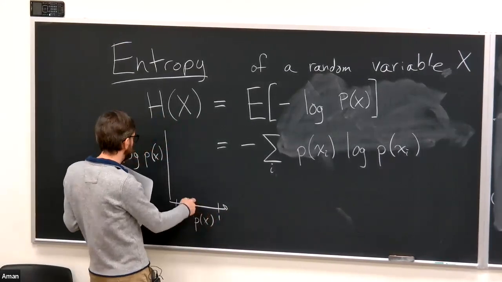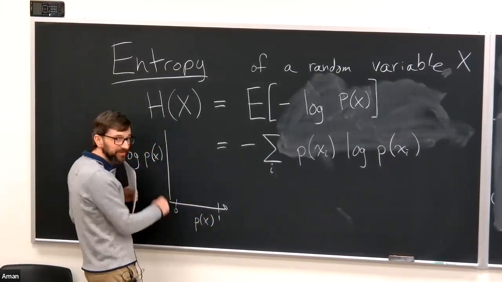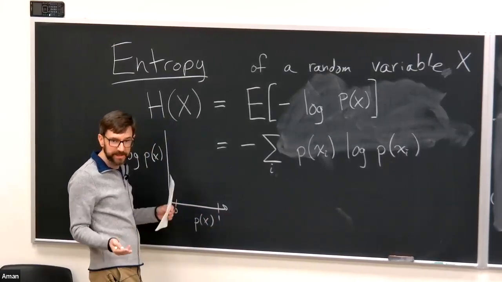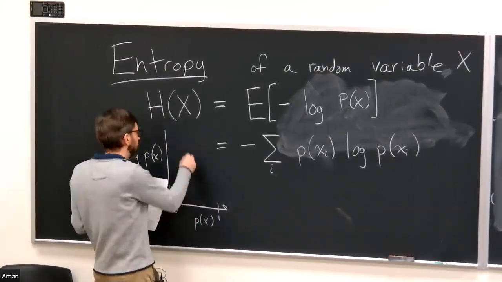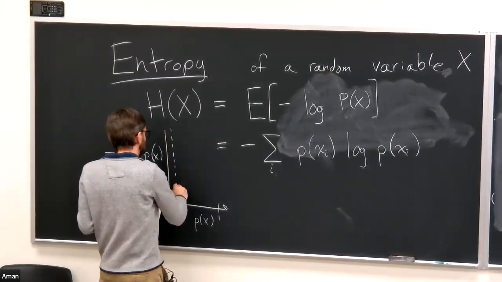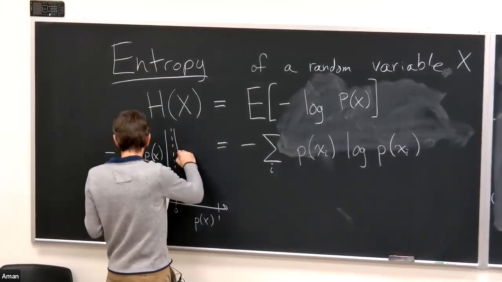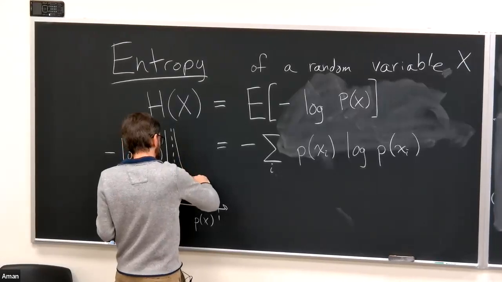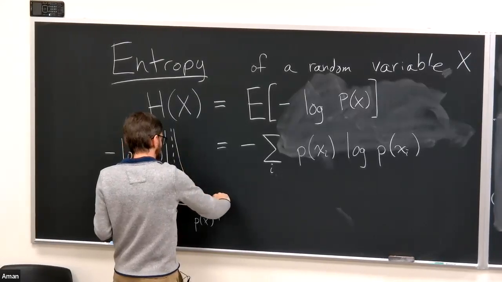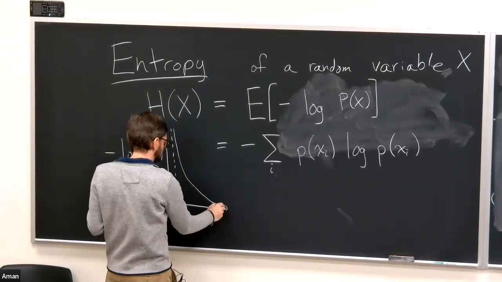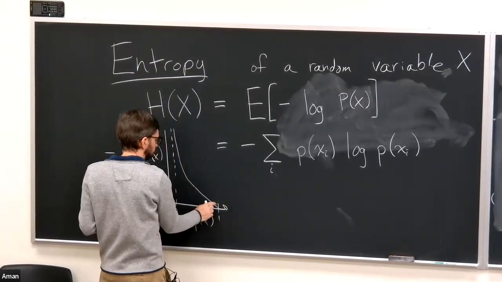Of course, if p is 0, log of 0 is minus infinity, so this thing asymptotically goes to infinity as I go there, since I'm negating it. And as I come down here, log of 1 is 0.